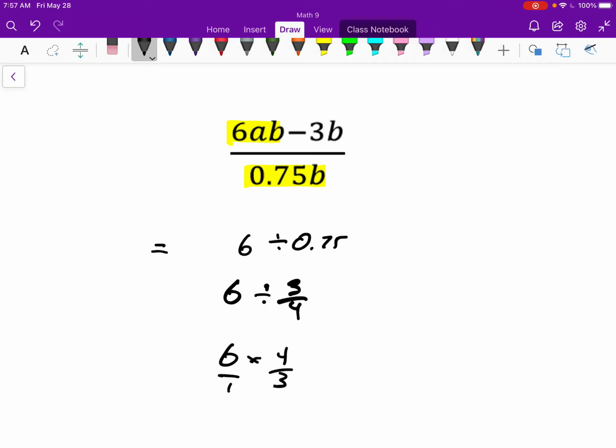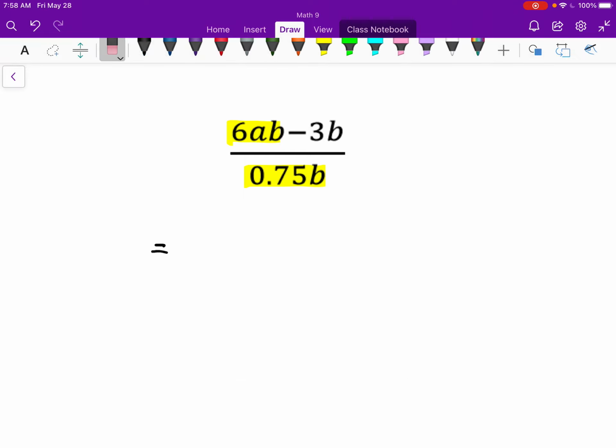So you get 6 over 1 times 4 over 3, which is 24 over 3, or just 8 whole. That said, might as well just use a calculator, because the focus of this is not so much on all this arithmetic. But in the end, 6 divided by 0.75 is 8. A divided by no other A is just A. B divided by B is 1. Cancels out. I'm not going to bother writing down times 1.